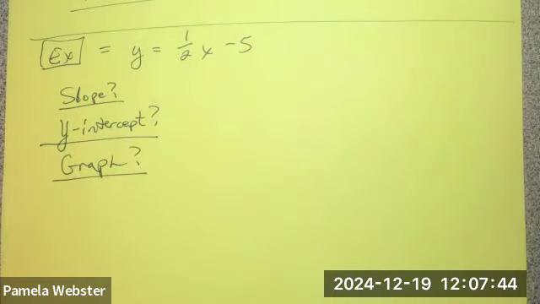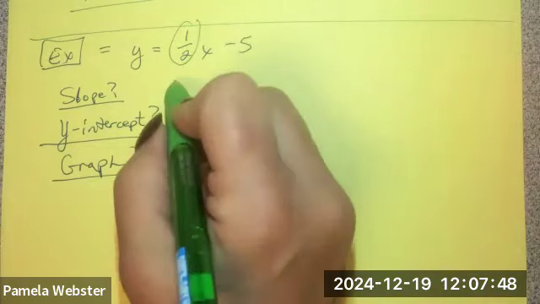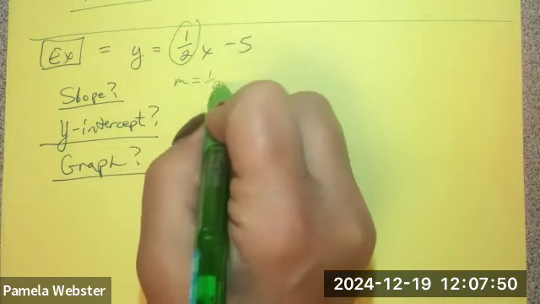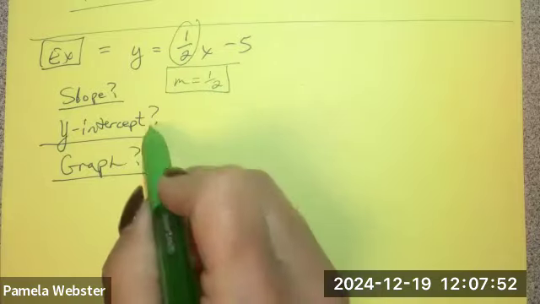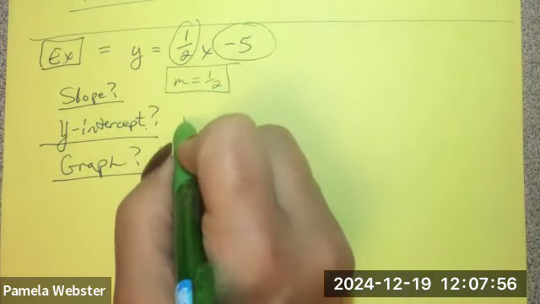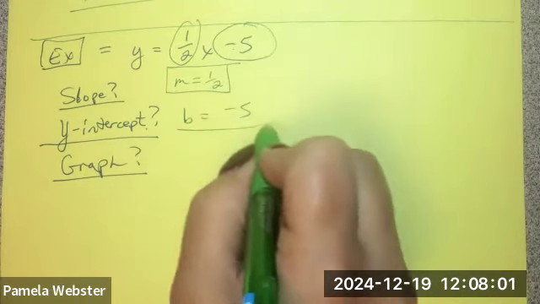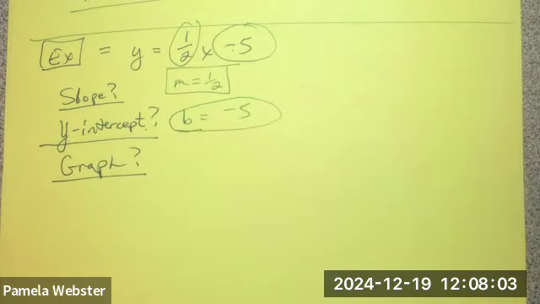Okay. So hopefully it's pretty fast for you. You just go, oh, the slope is m equals 1/2, no problem. The y-intercept may be a little more tricky. Look here. It's b equals -5, right? So that negative sign goes with it, which is good.